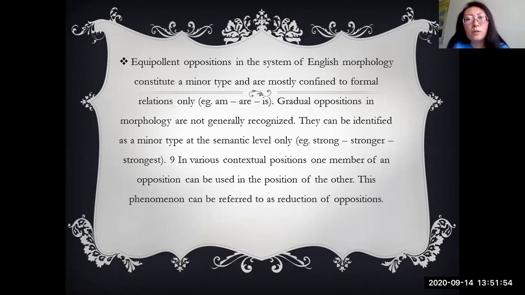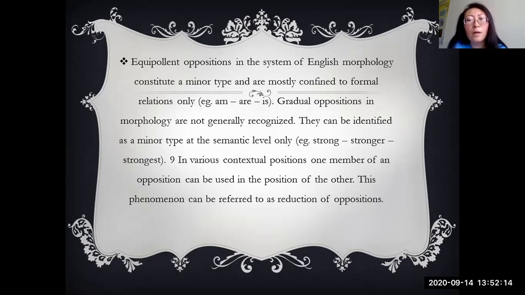Equivalent oppositions in the system of English morphology constitute a minor type and are mostly confined to formal relations only. Example: am, are, is. Gradual oppositions in morphology are not generally recognized.